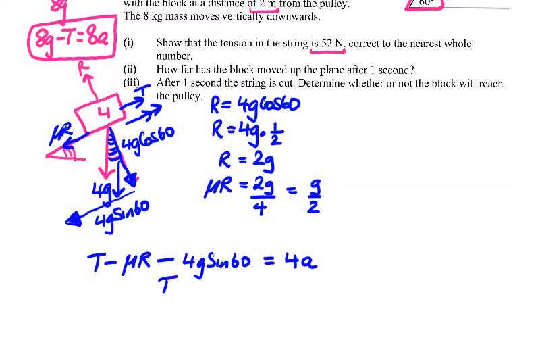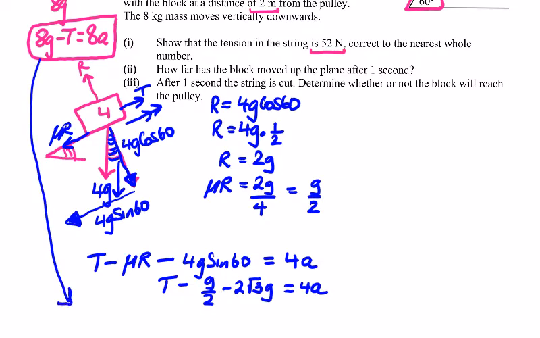So T minus mu R, which is g over 2, minus 4g sin 60. Sin 60 is root 3 over 2, so 2 root 3 g equals 4a. And if we bring the other equation down, we should be able to solve.